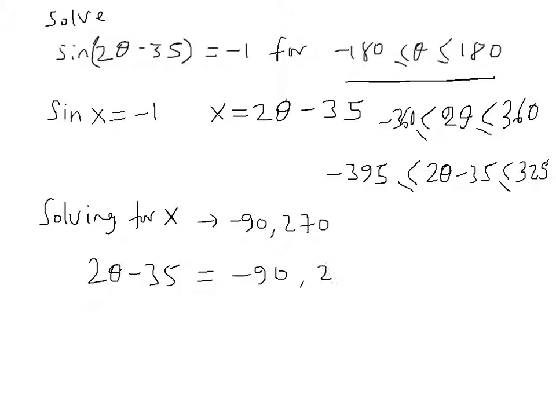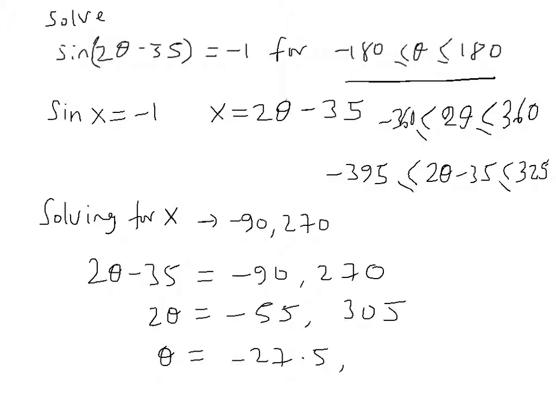So both these are values for x, and so therefore 2 theta equals minus 55, and for that other value it equals 305. Sorry, that's a mistake, that should be 270. Let me just correct that, there you go. And therefore our theta equals minus 27.5 or 152.5.